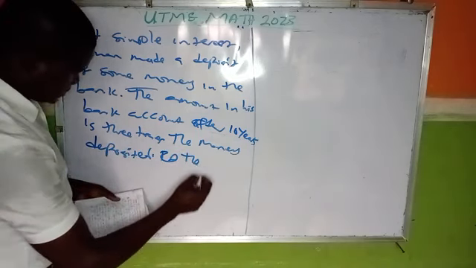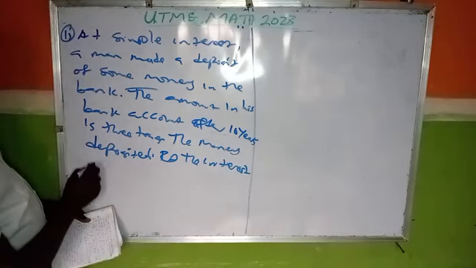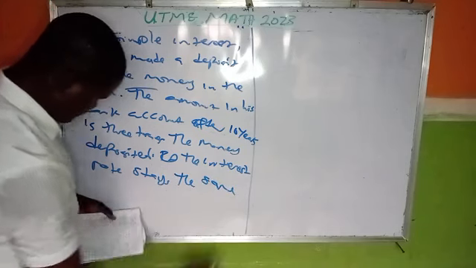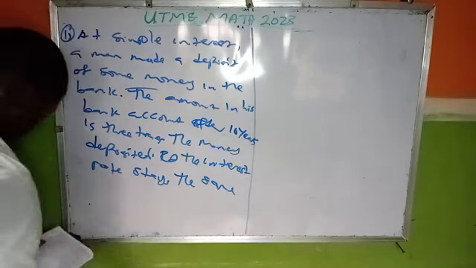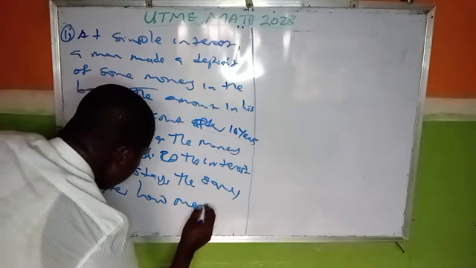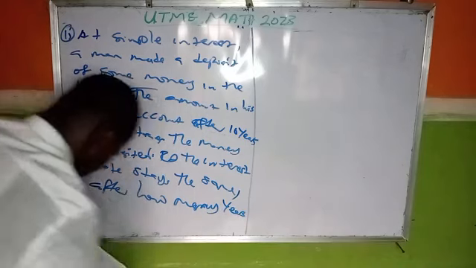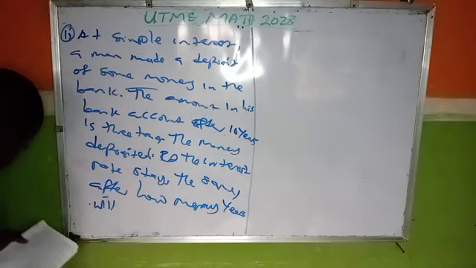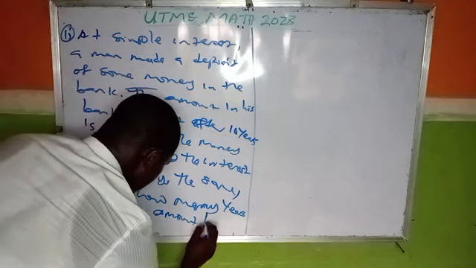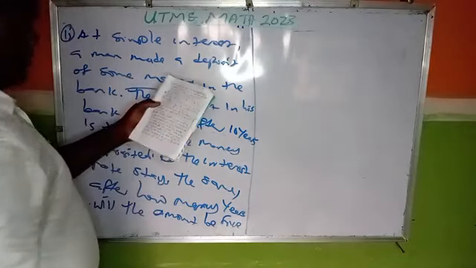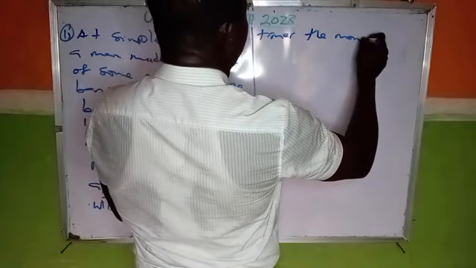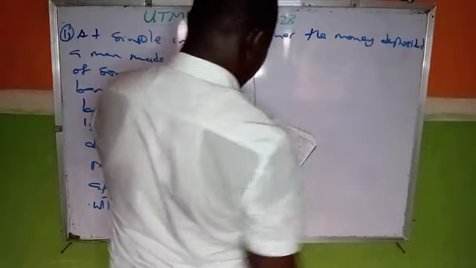If the interest rate stays the same, after how many years will the amount be 5 times the money deposited?